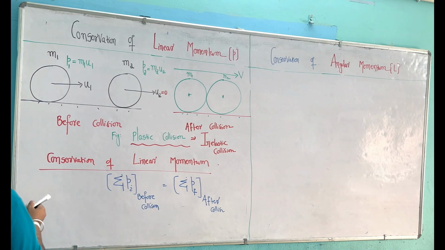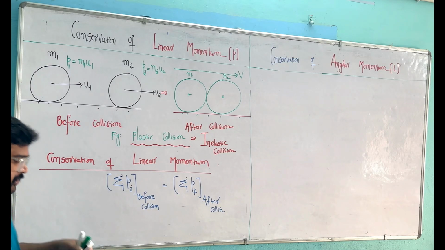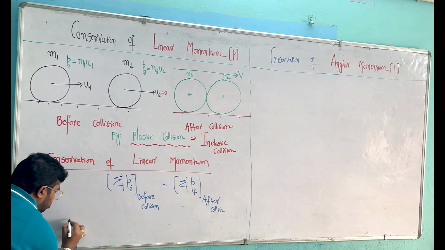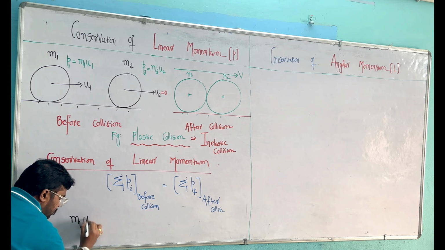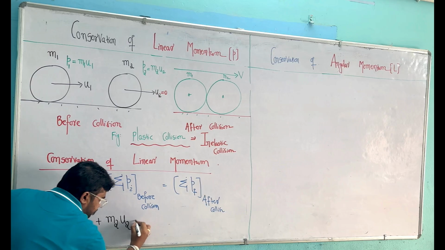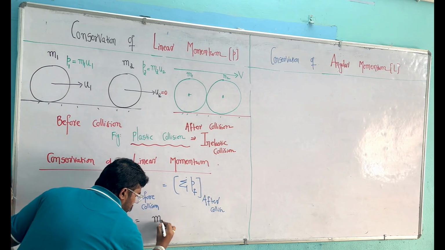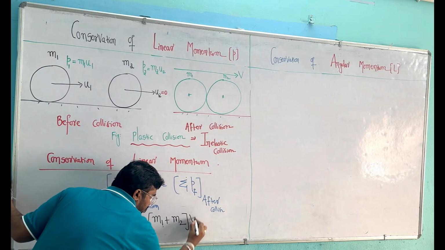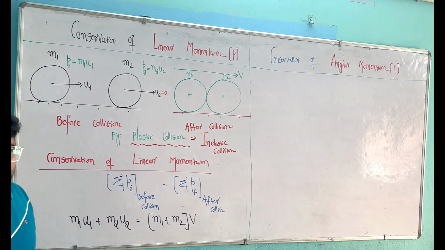So algebraic sum of the momenta means what? M1 U1, the momentum of the first body before collision. Mass into velocity is the linear momentum. M1 U1 plus M2 U2 equals how much? M1 plus M2 into V. Both the bodies move together.